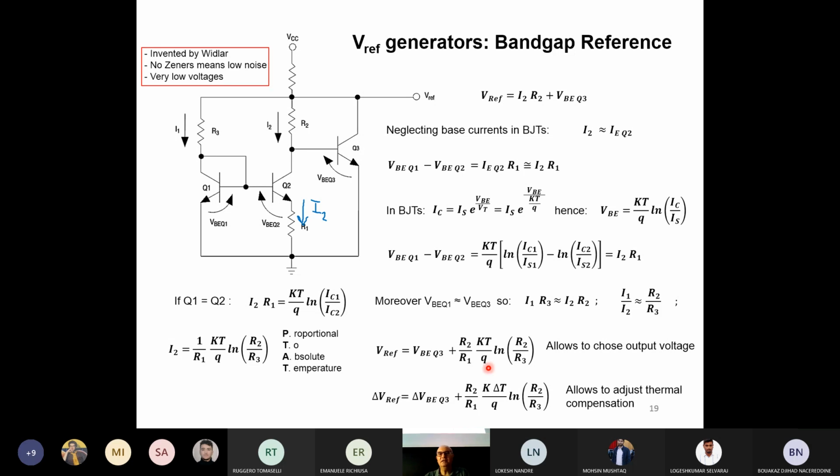If this is the final result, it looks like it has no dependence on the VCC, so it is very stable with the VCC. Actually, there will be a small dependence due to this resistor. If you want to increase the range, most of the time you just remove this resistance here on top and you put a current generator. The current generator gives you a fixed current which does not depend on VCC.